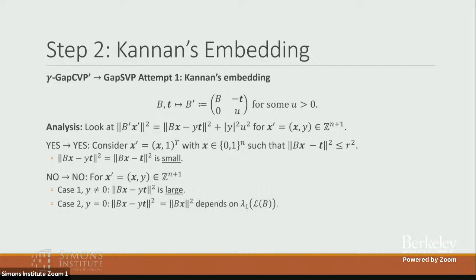But then there's this problem when Y is 0. In other words, when B prime X prime is really just BX, which is a vector in the original lattice. So we're just ignoring this last column. And whether this is large or not depends on the minimum distance of the lattice and the input. So this reduction will work.